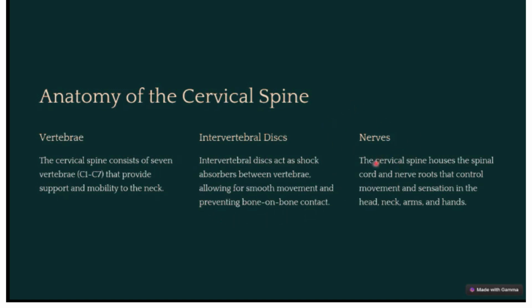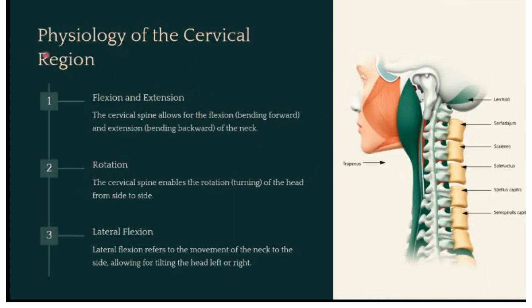The nerves: the cervical spine houses the spinal cord and nerve roots that control movement and sensation in the head, neck, arms and hands. Now we'll see the physiology of the cervical spine. The nerve roots exit between each vertebra to control sensation and movement in the upper body.